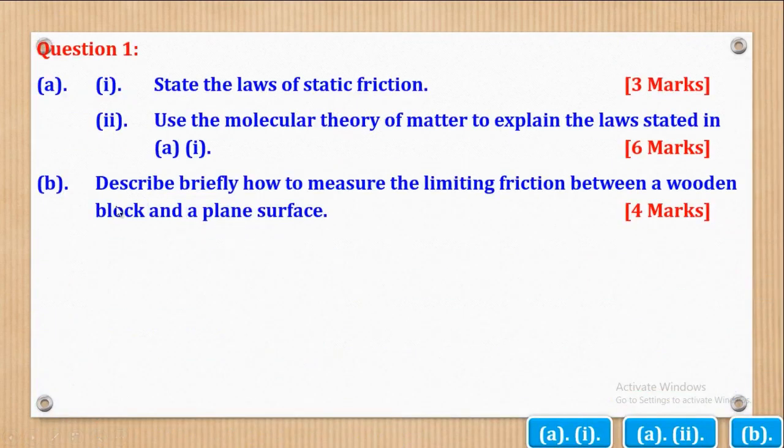Part B says, describe briefly how to measure the limiting friction between a wooden block and a plane surface. So we shall start by drawing a sketch diagram to help us ease the explanation.